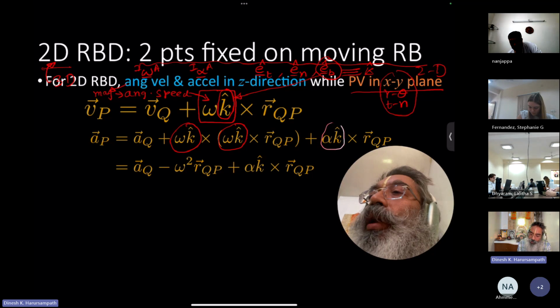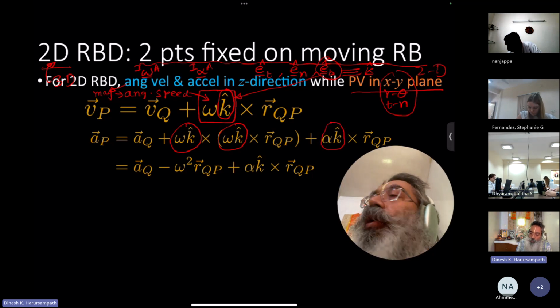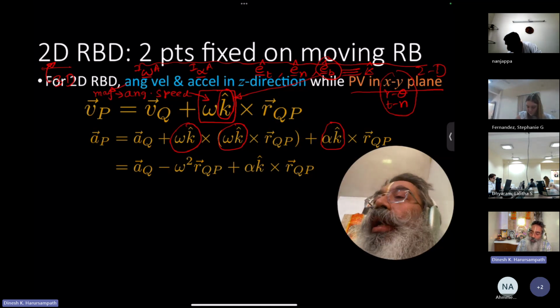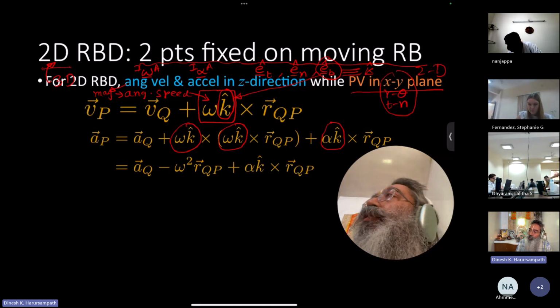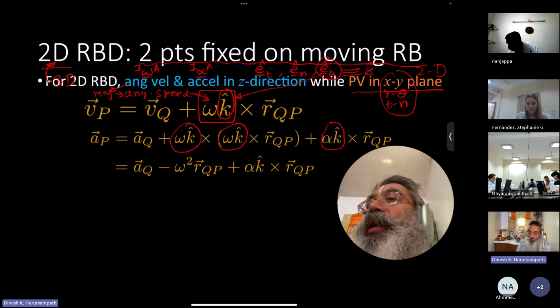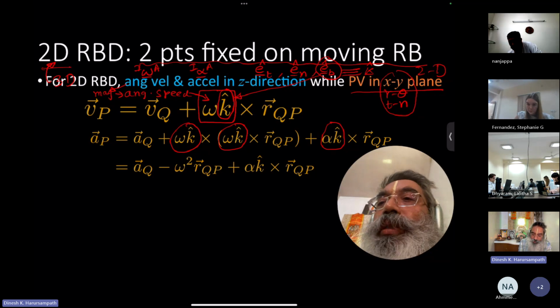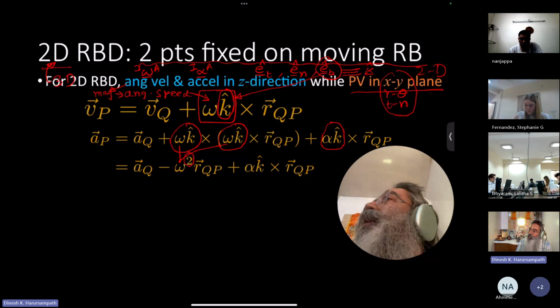Similarly, the angular acceleration is also present only in the k hat direction, not in the i hat and j hat directions. And therefore, we are replacing the vector alpha by the scalar alpha multiplied by k hat. So now if you look at this, there are two omegas multiplying each other, which are scalar quantities, and therefore you have this omega squared that is coming up.